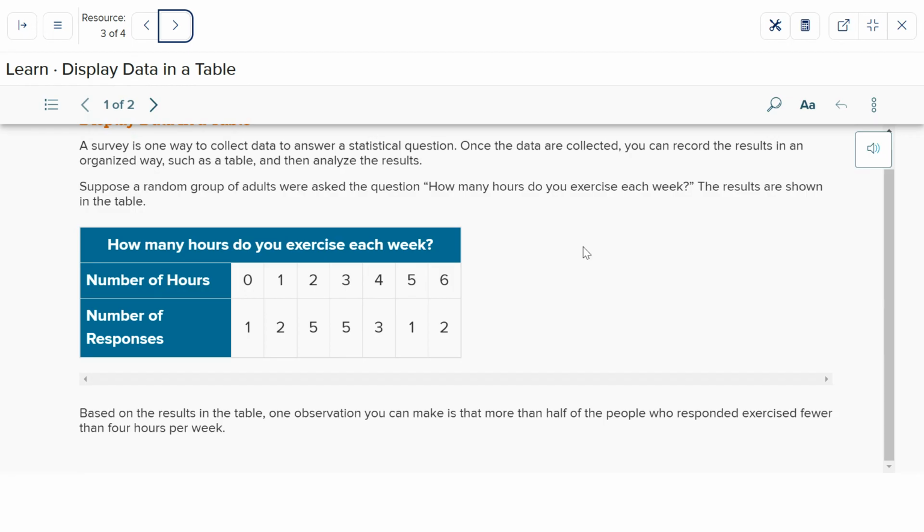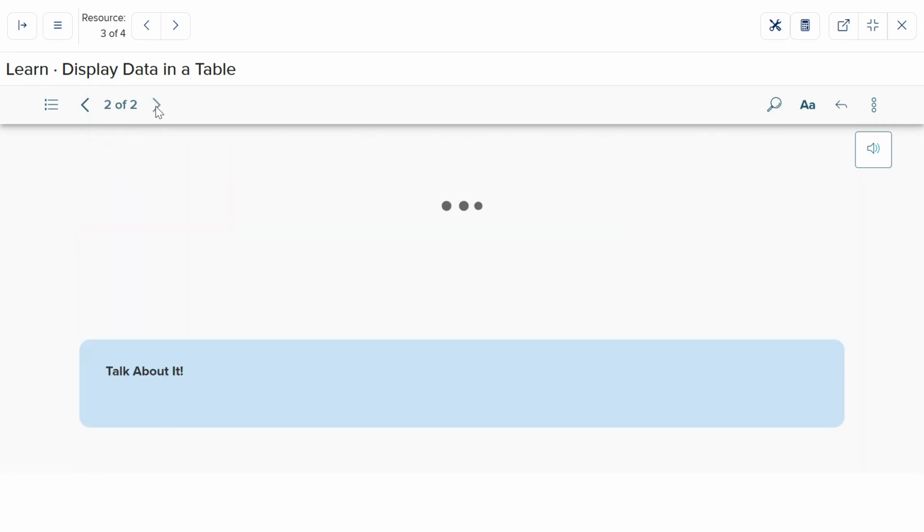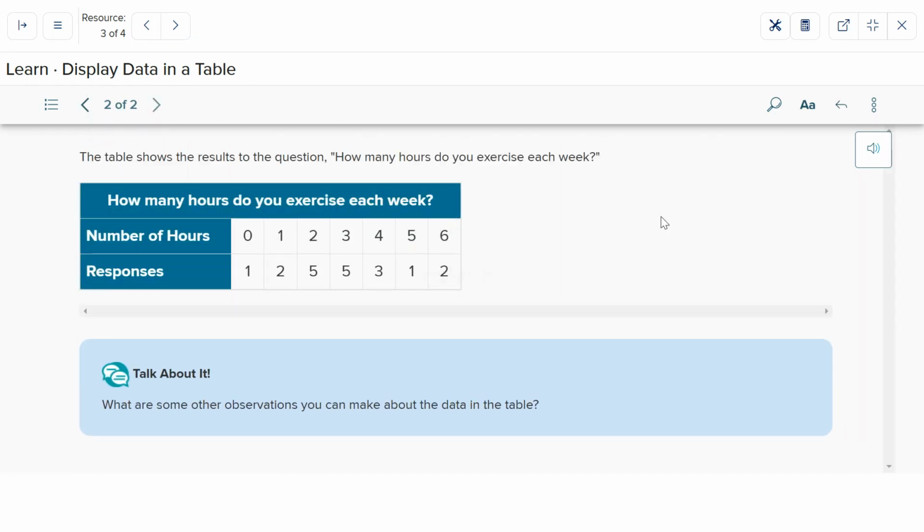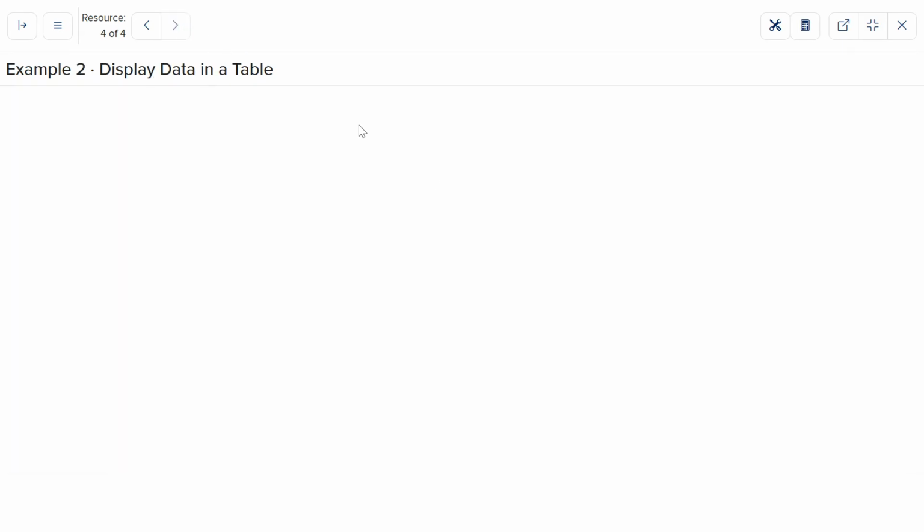So there's lots of different observations you can make about this table. So what are some other observations you can make about the data in the table? The same number of adults exercise 2 and 3 hours a week. You could say most people exercise at least 1 hour a week, something like that.